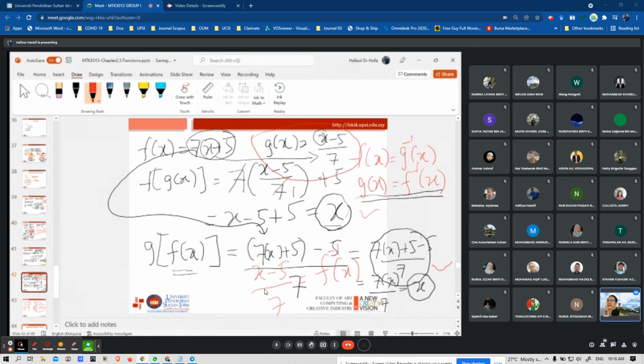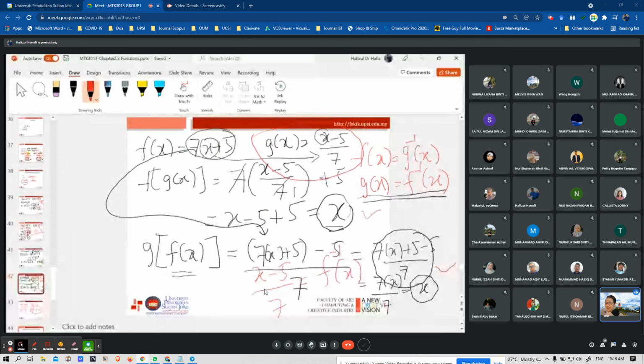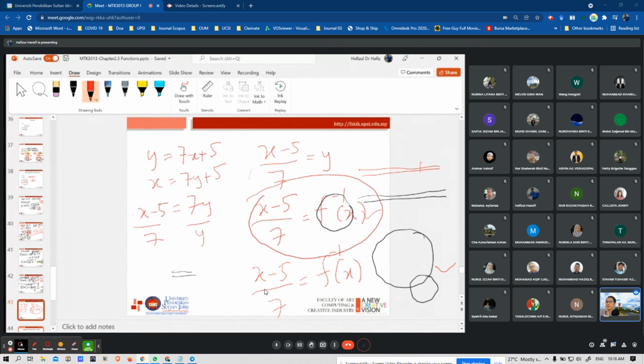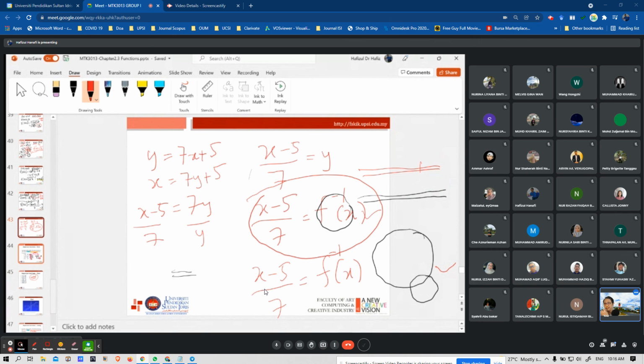So we can say that f(x) is invertible by function g, and function g(x) is invertible by function f(x). Okay, same, this one. Is that okay? Can you understand? We need to have the proof of invertible.